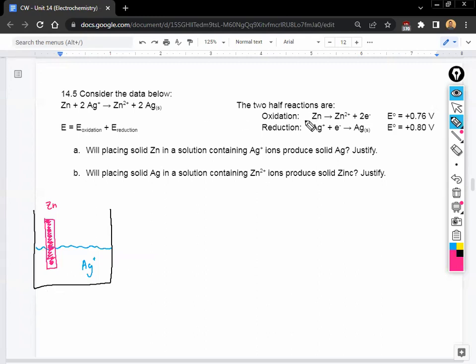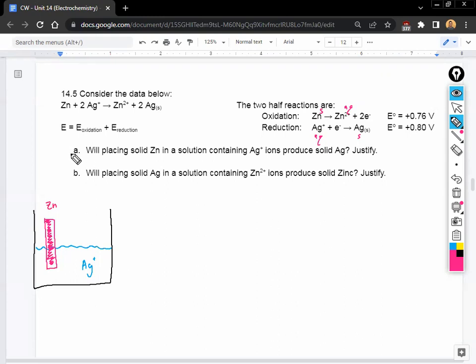Now, if you take a look at the half reactions, the oxidation half reaction is solid going to aqueous, and the reduction is aqueous becoming a solid, right? So it's the same question I was asking earlier. If I stick a piece of zinc metal in this solution of aqueous silver, will it produce solid silver?